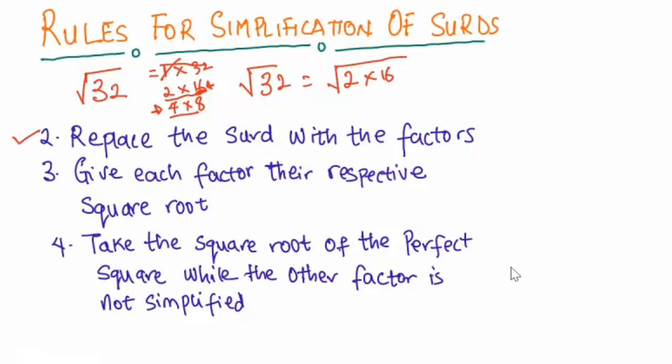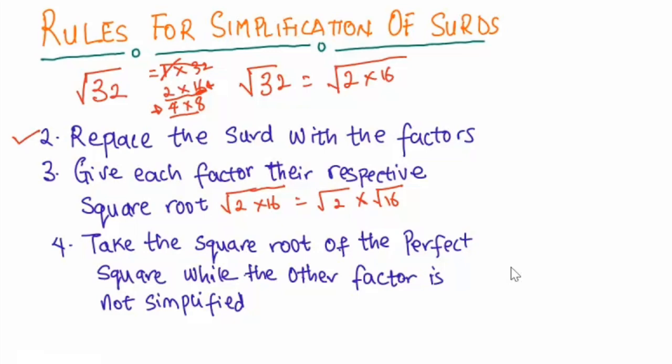These are like brothers, and now they need their individual property. So root of 2 times 16 becomes the square root of 2 times the square root of 16. Each of them takes their respective square root, just like dividing a property between two brothers.